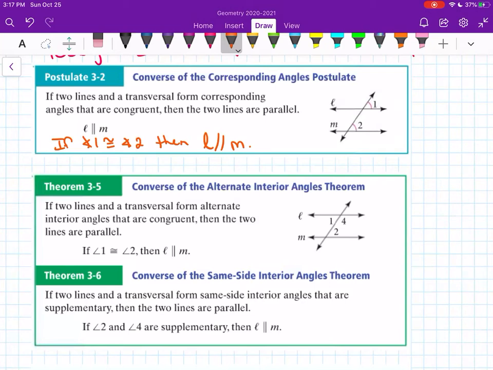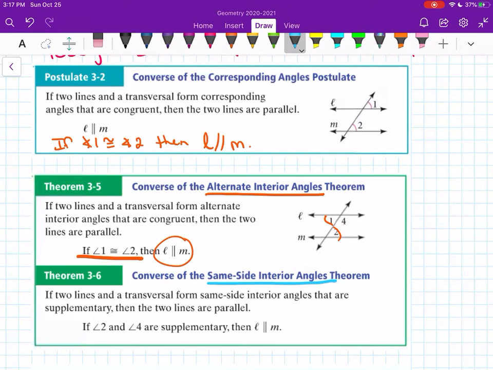And we have an example of supplementary angles. So the same side interior angles theorem says if two lines and a transversal form same side interior angles that are supplementary, then the two lines are parallel. So if I look at the alternate interior angles, it says if angle 1 and angle 2 are congruent, then I can conclude those lines are parallel.